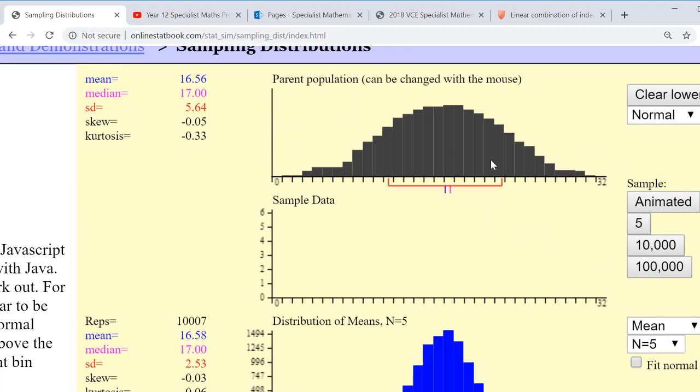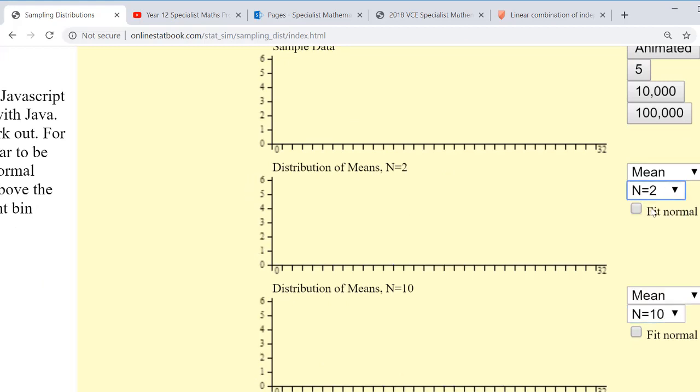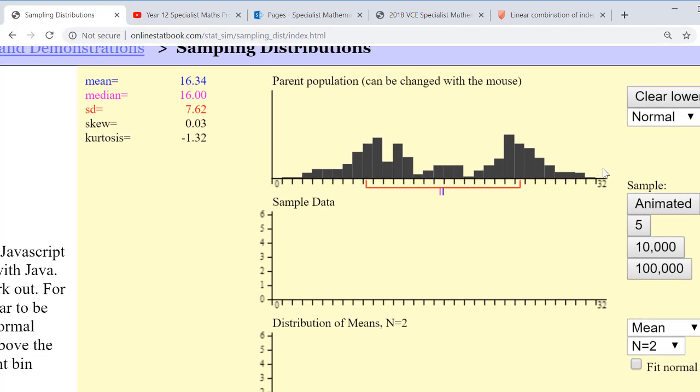Okay, it is normal. And even if I go ahead and change this to something that's not normal, this is not a normal distribution. Now let's try a number which is not quite ideal, which is 2. And let's go from 2 to 20. So our sample size is 20 from our population, and we're repeating that.